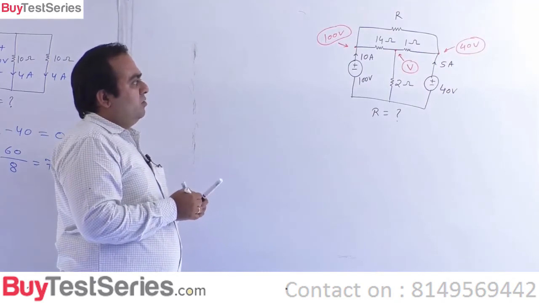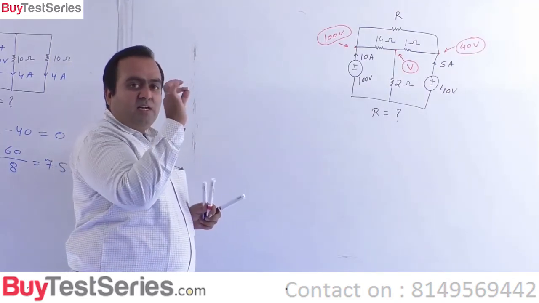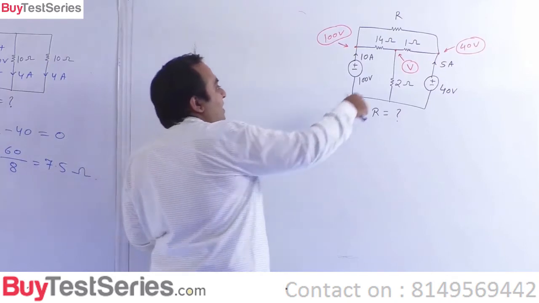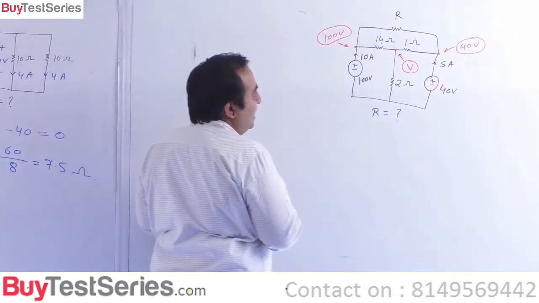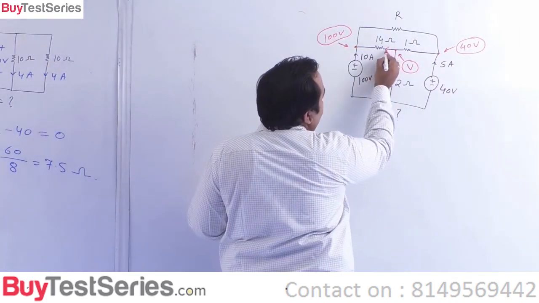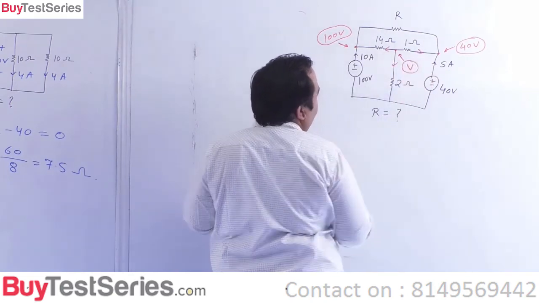All right. So बीच वाले नोड के ऊपर जहां का नोड वोल्टेज हमने V माना है, वहां से आप तीनों करंट्स को आउटगोइंग मान लीजिए. So say these currents are outgoing.